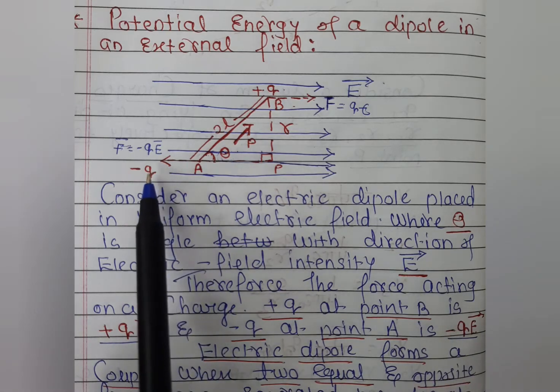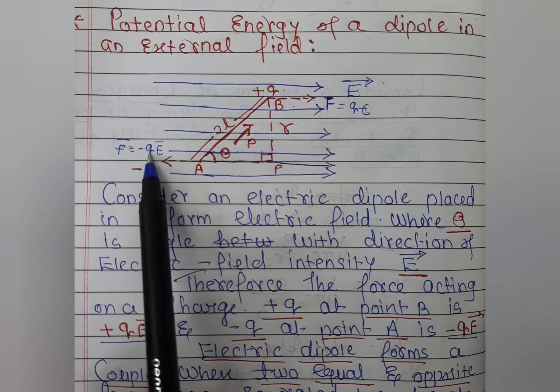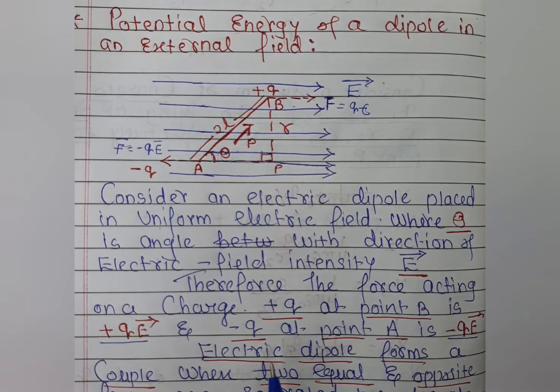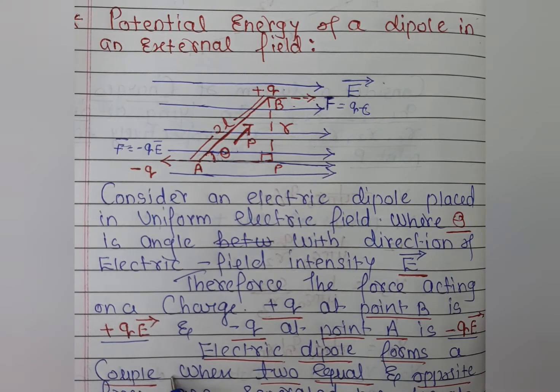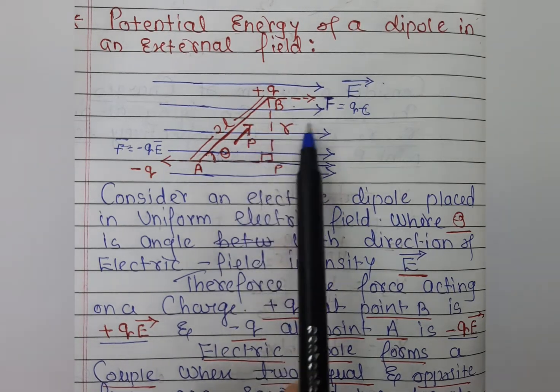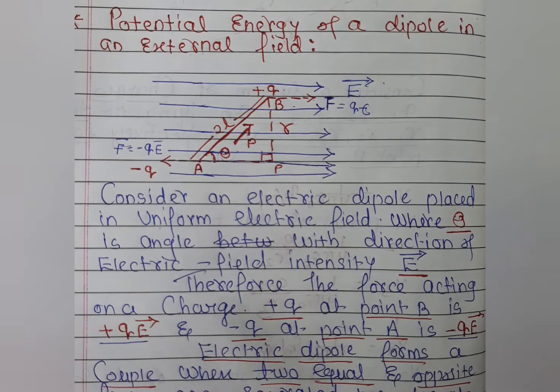An electric dipole forms a couple. Why? Because these two forces are equal, opposite in direction, so they produce a couple.